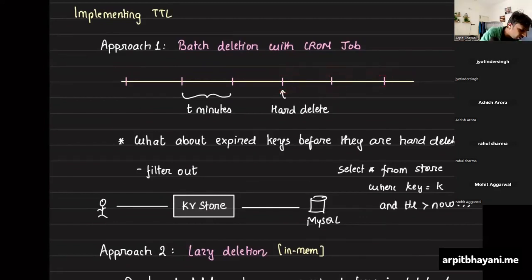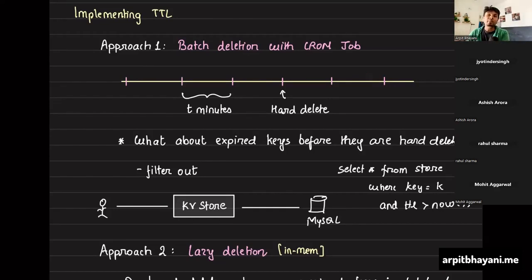Before it runs this part, what if someone gets that particular key? That key would still be there in the hash table. When the key is there in the hash table and it's being accessed, it cannot return that key to the user. So it tells the user that the key does not exist, but because it found the key is expired, it goes ahead and deletes the key right there and then. Because it does not have to restructure, it's not an expensive operation for Redis, it can just delete it right there and then.